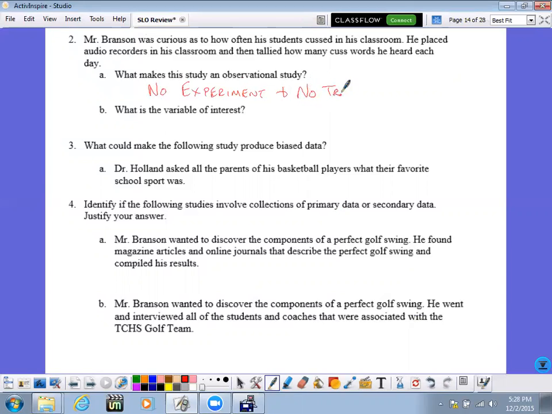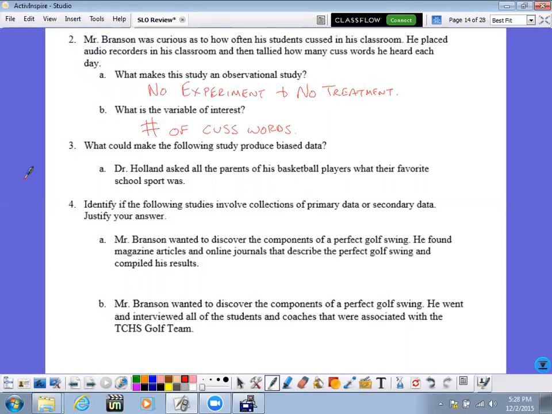No treatment. Right? There's no control group. There's no experimental group. There's no treatment. There still is a variable of interest. Number of cuss words. He's interested to see how much his class cusses, so that's what he's interested in.